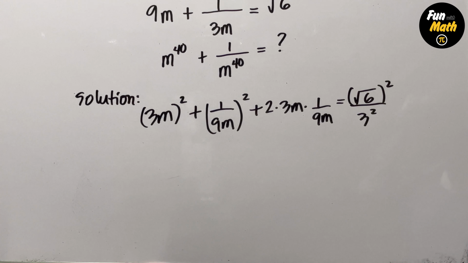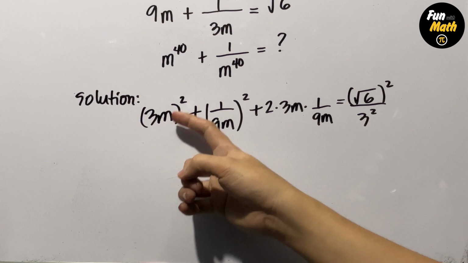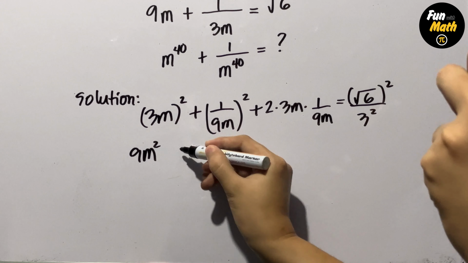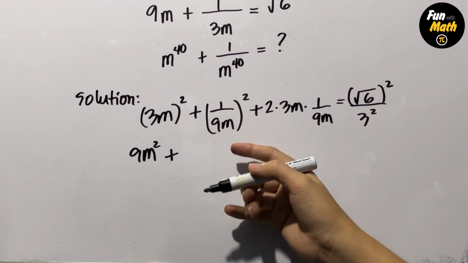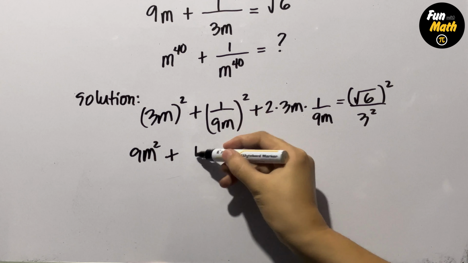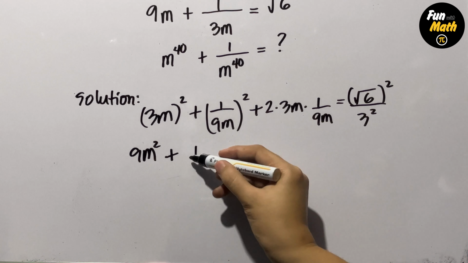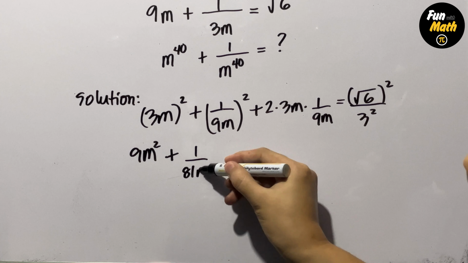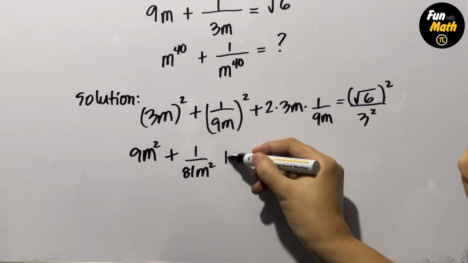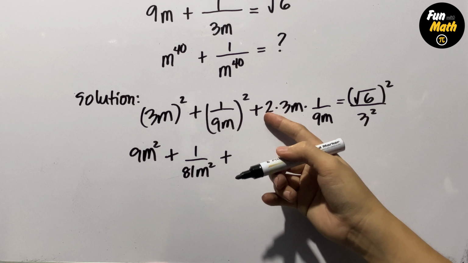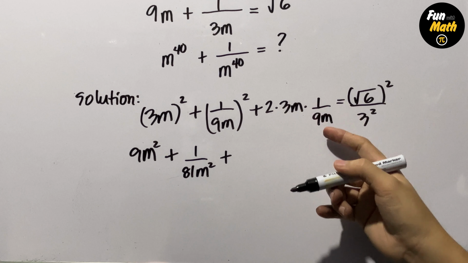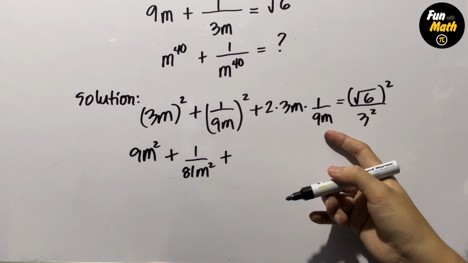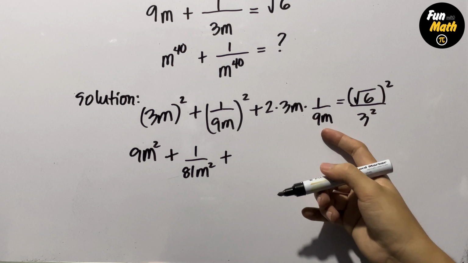Now to continue, 3m whole to the power of 2 is 9m squared, plus 1 times 1 is 1, over 9m times 9m, that's 81m squared. Plus 2 times 3m times 1 over 9m. For 3m and 9m, we can apply the cancellation.